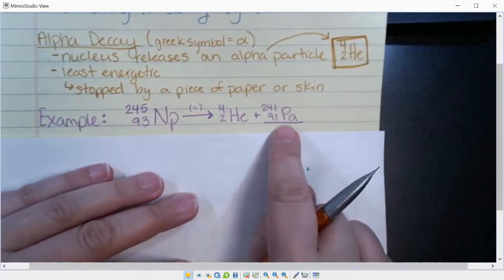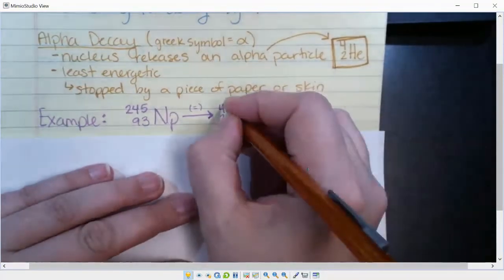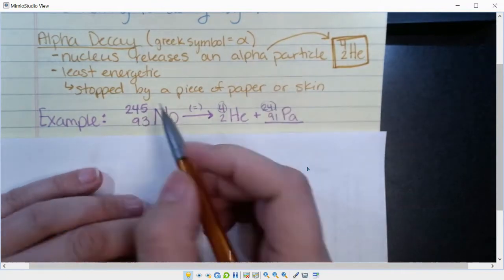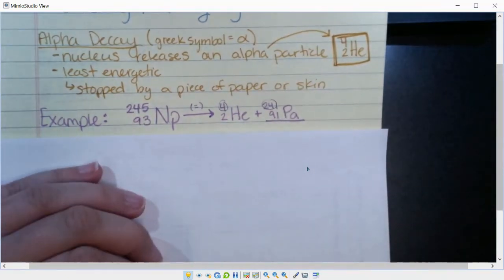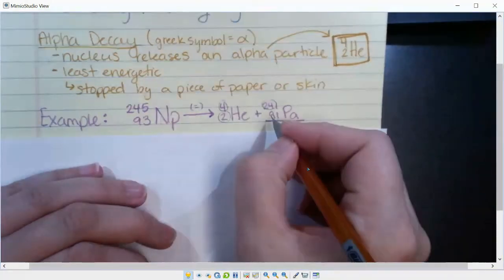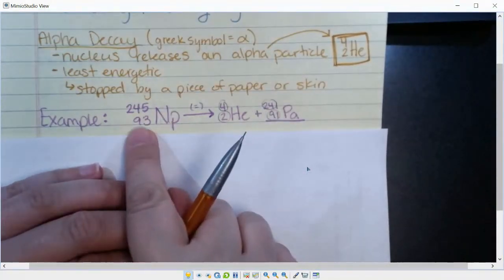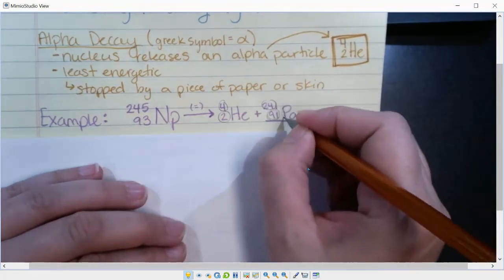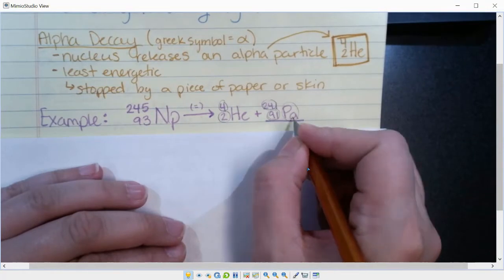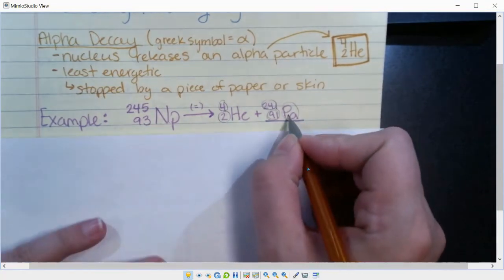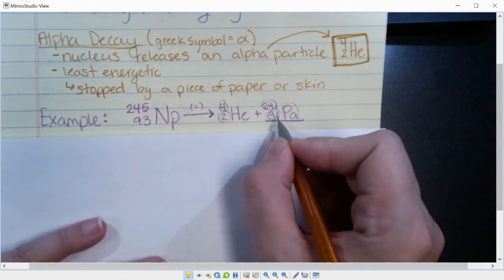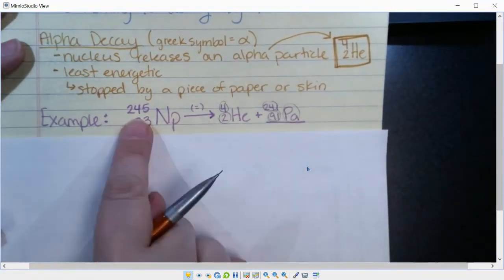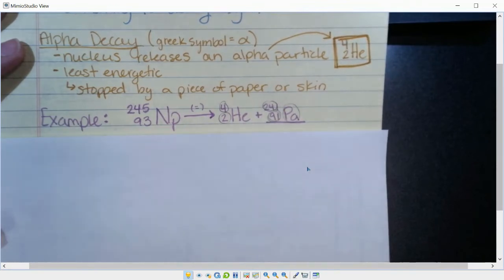So if I'm trying to determine what this should be, then I'm going to add these 2 numbers together so that they equal 245. And then same for the bottom. I'm going to add these 2 numbers together so that they equal 93. And then this number on the bottom is how I can determine what this symbol is. That's your atomic number, which corresponds to the element number on the periodic table. So element 91 is element Pa. So if one of these things was missing from this equation, that's how you would find what the missing piece was.